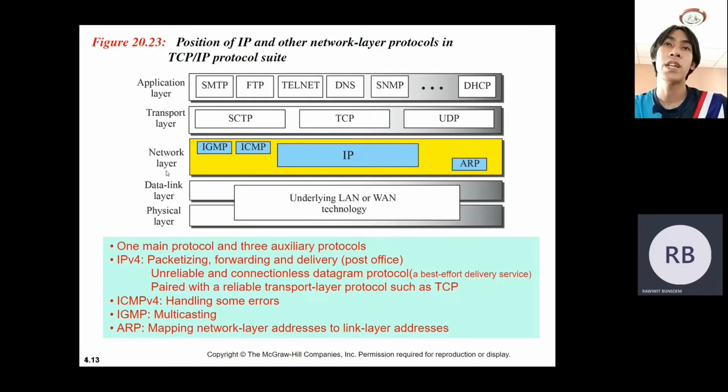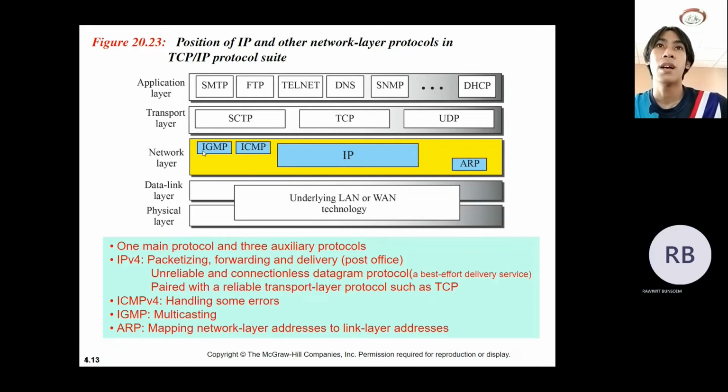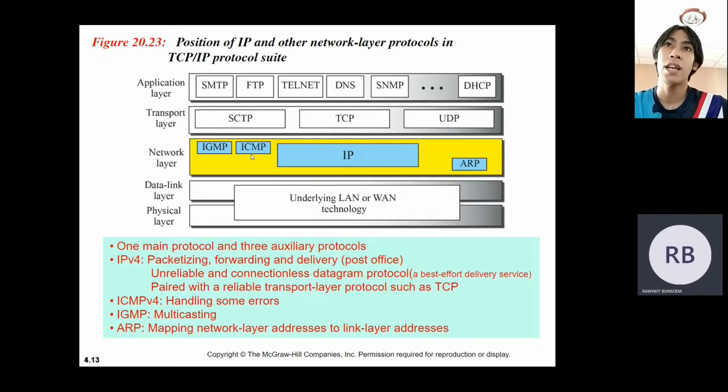At the network layer there are IGMP, ICMP, IP, and ARP. At the data link layer and physical layer there is underlying LAN or WAN technology.